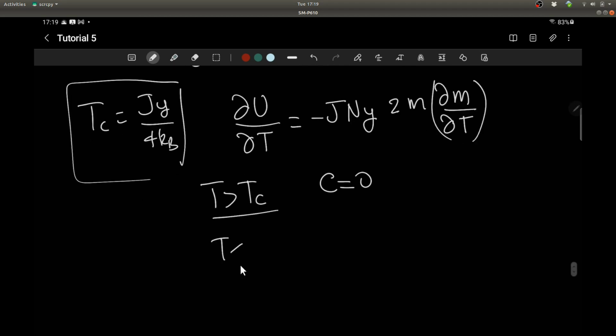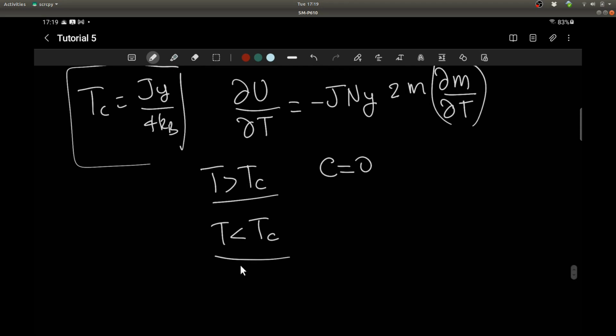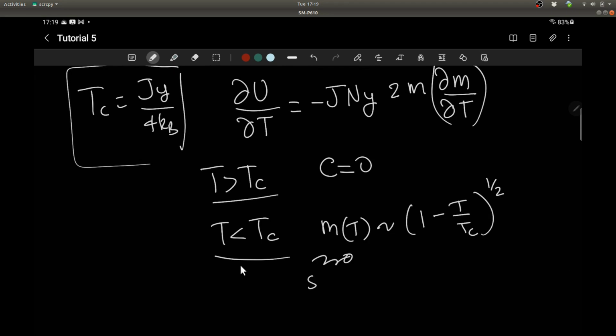But for T less than Tc, you have to do some work. What we see is that m of T goes like (1 minus T by Tc) to the power half. This I showed in class.